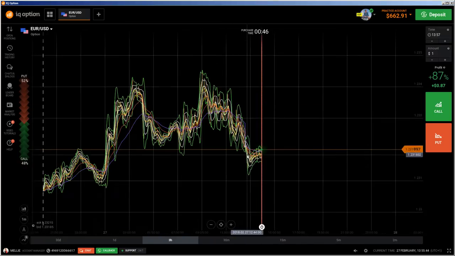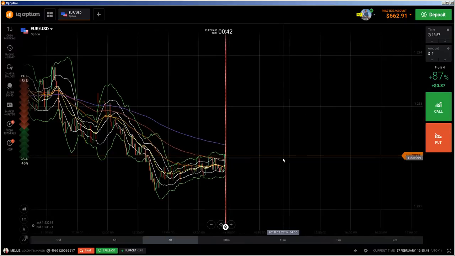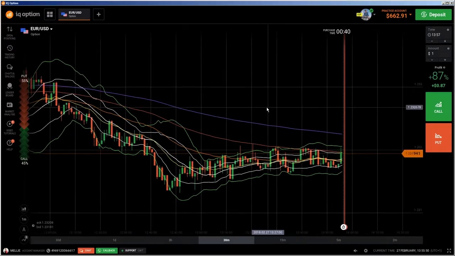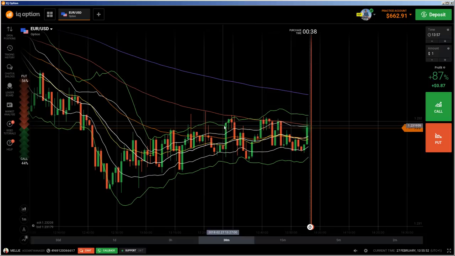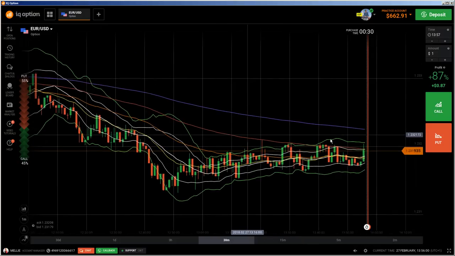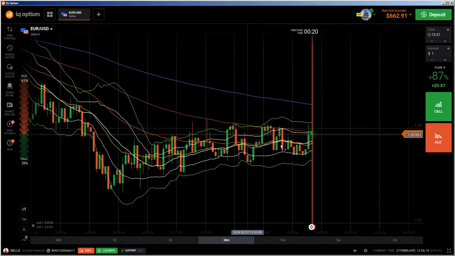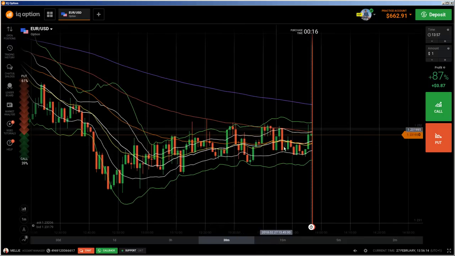So let's start again immediately with the last pattern, and that is the rectangle, the rectangle top and rectangle bottom. The rectangle is mostly what you know as a ranging market, or some kind of consolidation area, where price is between two support and resistance levels.